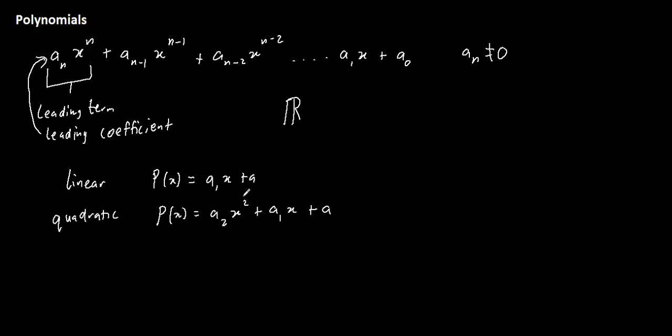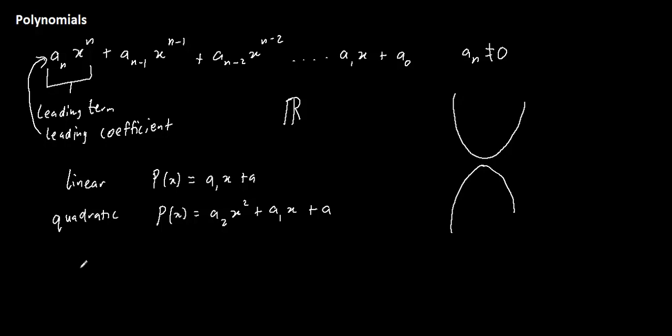Our highest power of x is x squared, and our leading coefficient is a_2 instead of a_1. When graphed, we get a parabola. Either it will curve up or it will curve down. The various letters decide which way the parabola is facing and the position of the parabola.